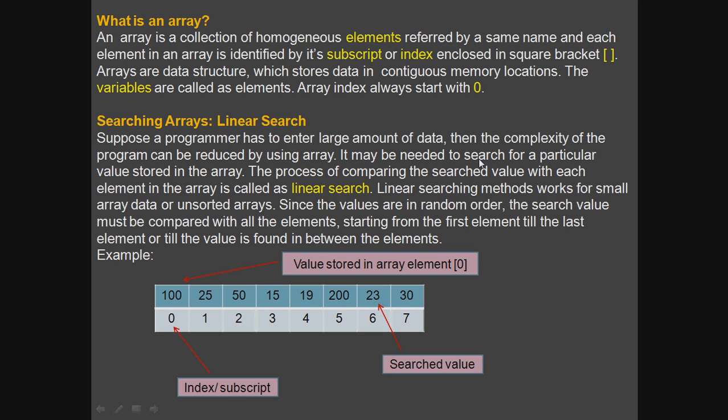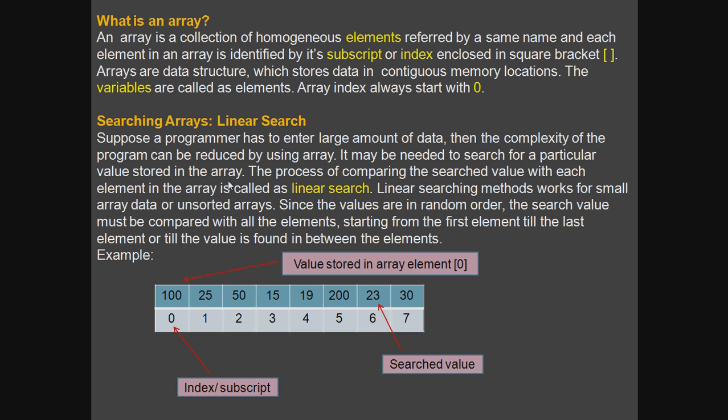Now it may be needed to search for a particular value stored in the array, but of course using the array does not solve the entire problem. You may need to search for a particular value in the array.